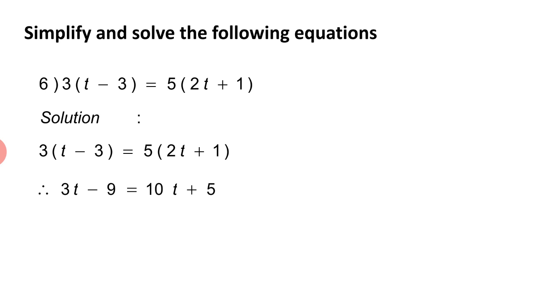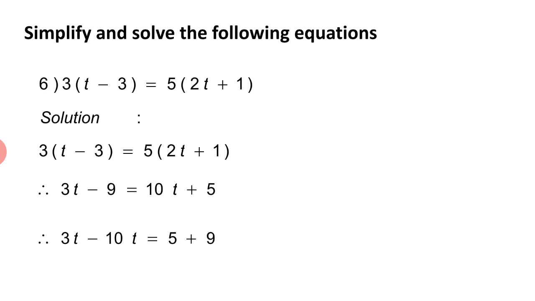Now what next? Collecting the like terms, collecting variables on one side and numbers on the other side. So 10t can be transposed to LHS and minus 9 can be transposed to RHS. Whenever we transpose 10t, it will become minus. So 3t minus 10t is equal to 5, and minus 9 is transposed, so it will be plus 9. Are you getting, children?